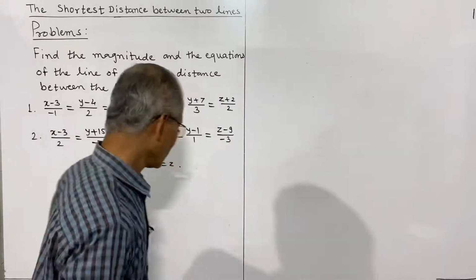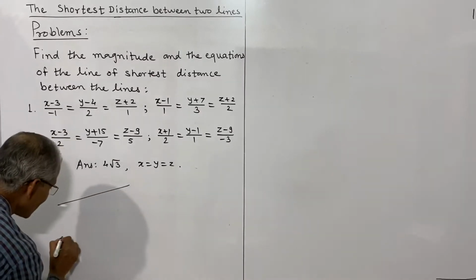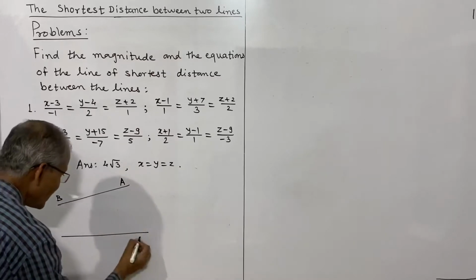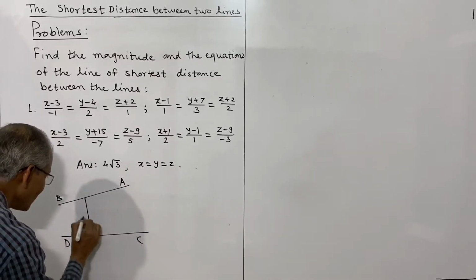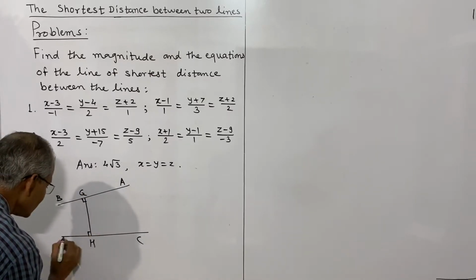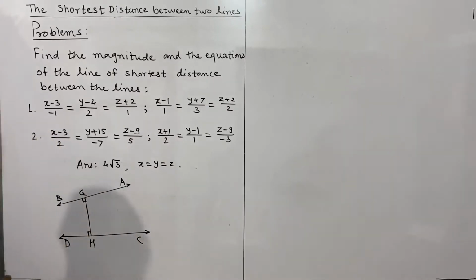If you see the figure again, these are the two lines, say AB and CD, and this is the line of shortest distance, GH.